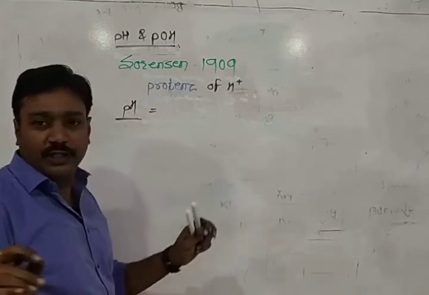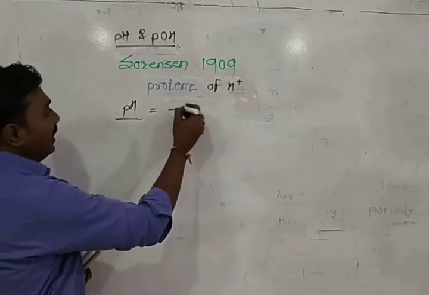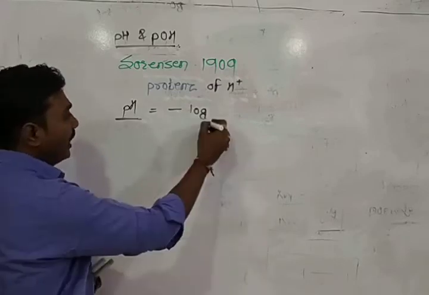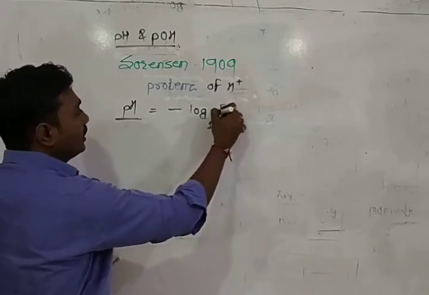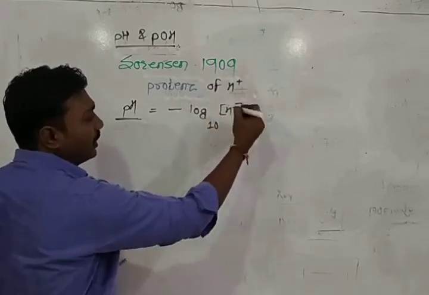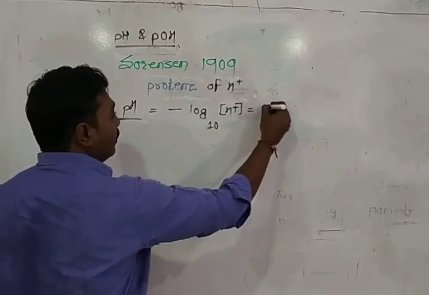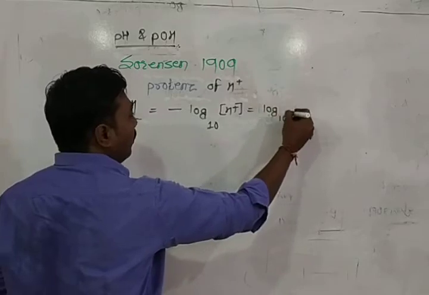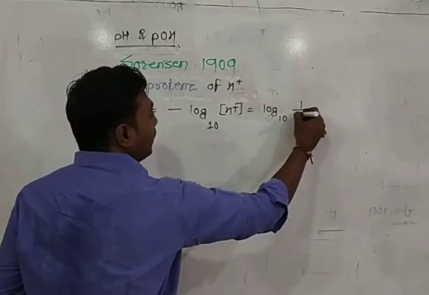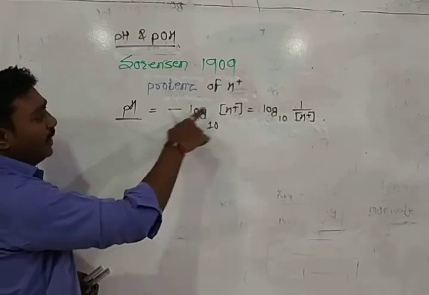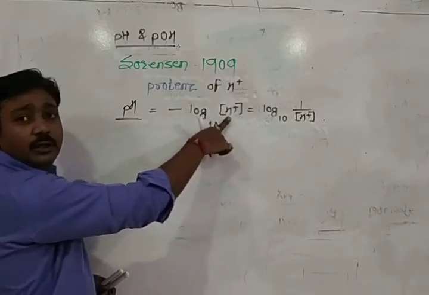The simple definition is, it is defined as the negative logarithm to the base 10 of the concentration of H plus ions, or it is also defined as the logarithm to the base 10 of the reciprocal of the concentration of H plus ion. Negative is converted by reciprocating H plus.